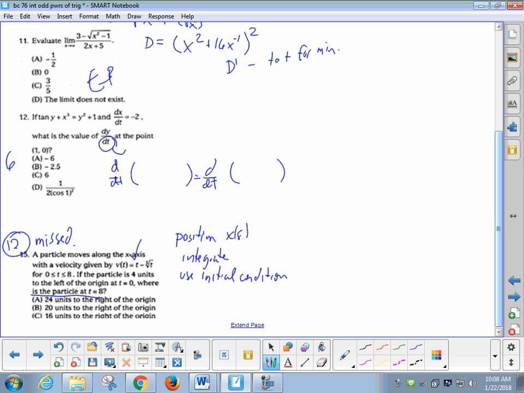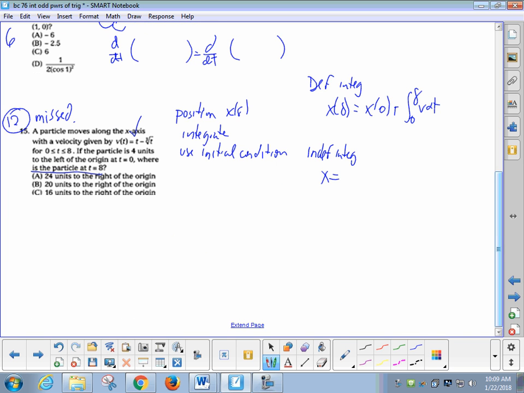There are 2 approaches to this: a definite integral approach or an indefinite integral approach. If you would do a definite integral approach, you'd say x at 8 is x initial plus the change in position. And remember, that's no calculator. Ending position is starting position plus change in position. If you do an indefinite integral, you just say, well, forget at 8 or 0 or any other thing.